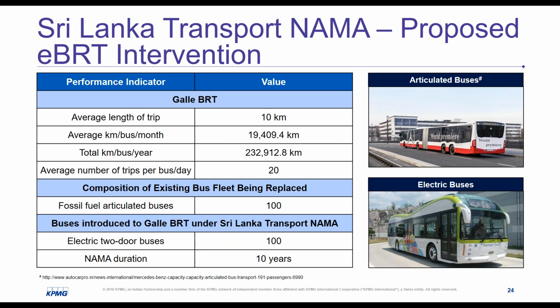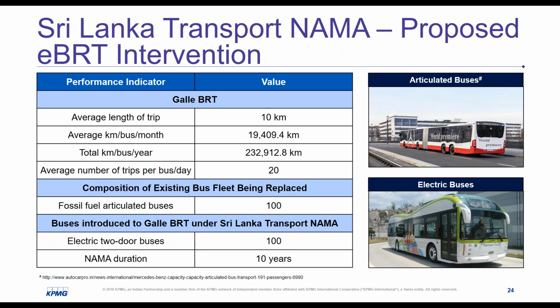We were looking at, within the BRT intervention, the average length of the trip, and I think these were quite conservative assumptions that we had made, because we didn't want to expand the emission reduction per se, but we wanted to look at what is more feasible as well.